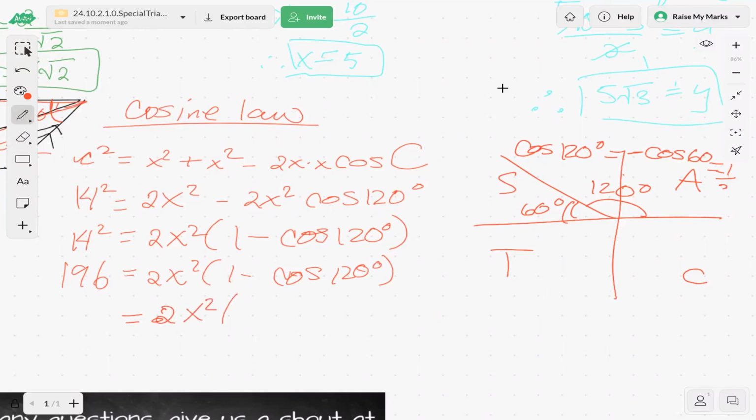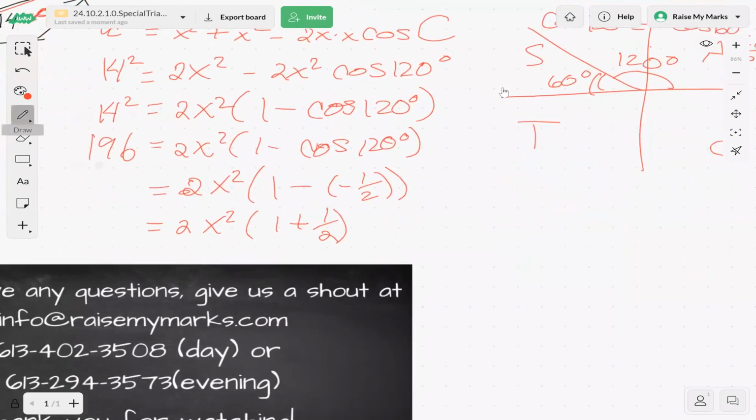2x squared times 1 minus negative 1/2. So 1 plus 1/2. Okay. This equals 2x squared times 3/2.